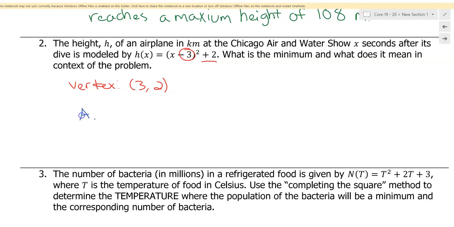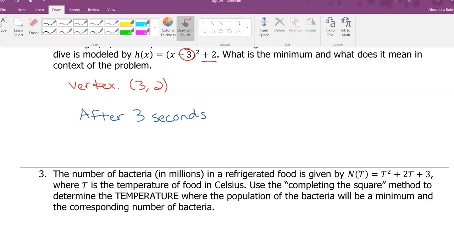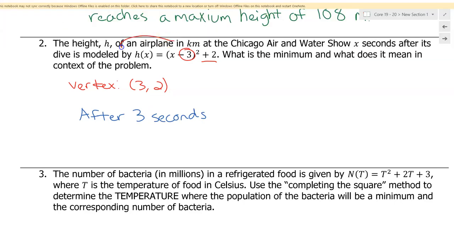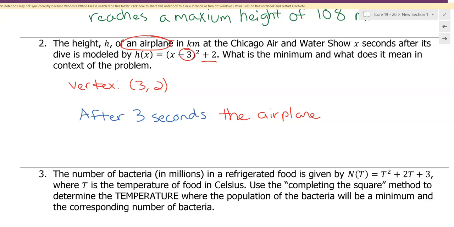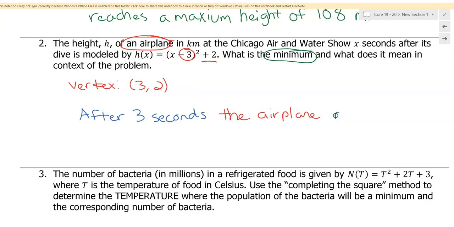So after 3 seconds, what are we talking about? We're talking about an airplane. Then, is it a maximum or minimum? It's a minimum.